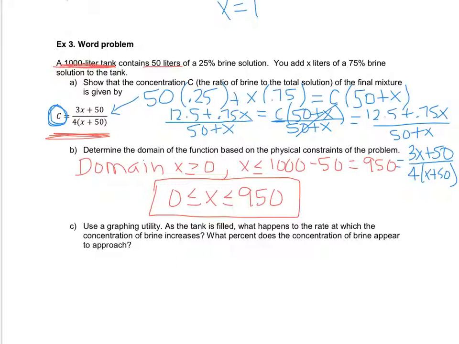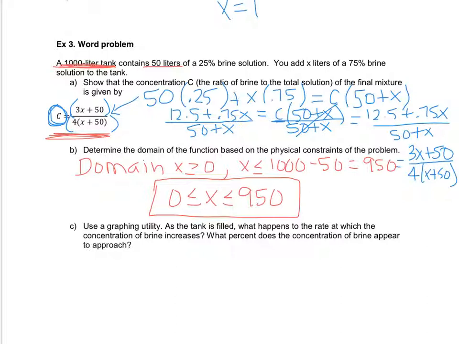Now, use a graphing utility, so you'll want to get your calculator out and plug this function into y equals. Make sure that you use parentheses around the top and that you use parentheses around the bottom. If you don't do that, it's going to give you an incorrect graph. And from this graph, we're going to see what it says.